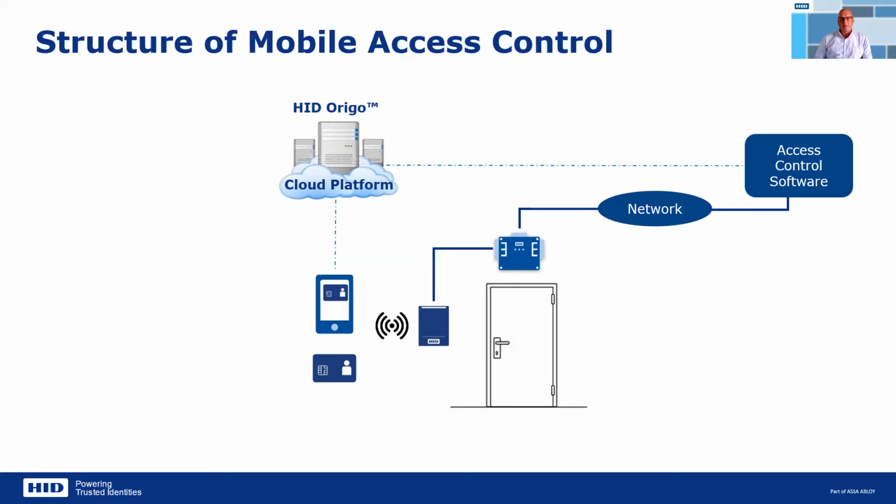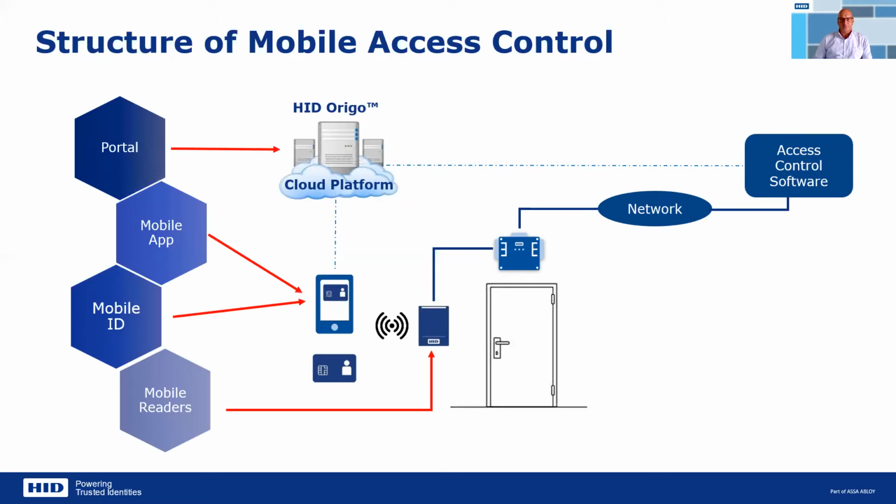And this cloud platform is delivering the digital identities to the smartphone. So you need a cloud platform to manage the information in the cloud. Typically, you need a portal. In the phone, you need a mobile application. And inside the mobile application, you are storing the mobile credential, mobile ID. And last but not least, the readers that are still at the door, these readers must be enabled to work with the smartphones.